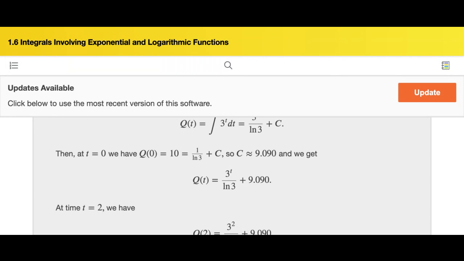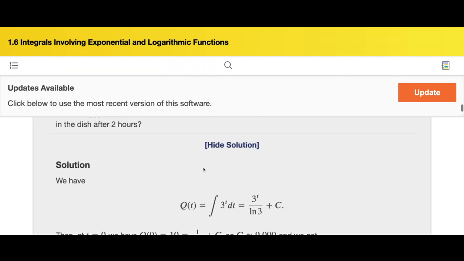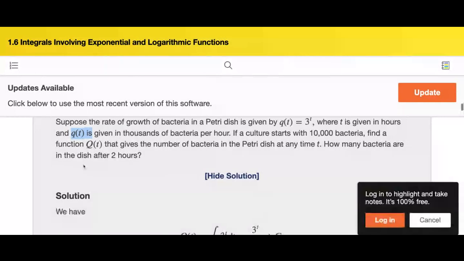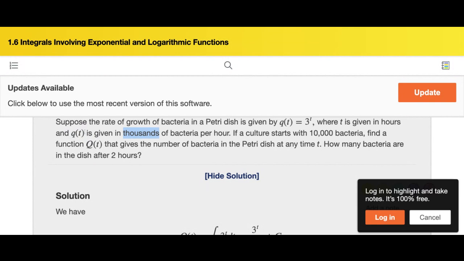Oh, okay, let's see this. Why do we have this 10 here? You see here, the units of lowercase q of t is in thousands. So q of t is measured in thousands.